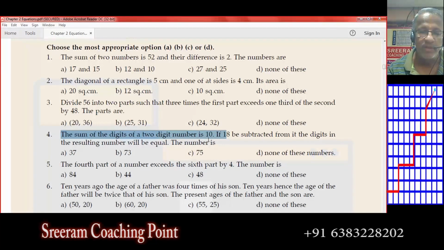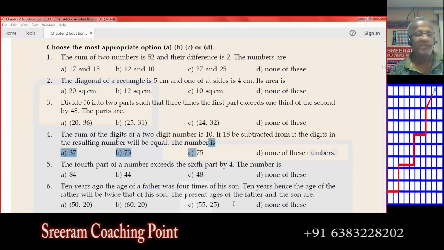So the sum of the digits is 10. 37, yes, but 73 is not correct. So now it is between A and B alone. If 18 is subtracted from it, the digits in the resulting number will be equal.